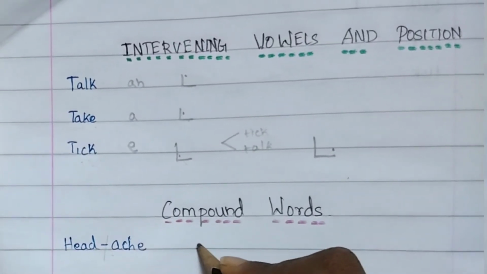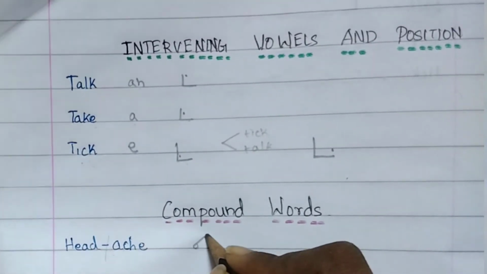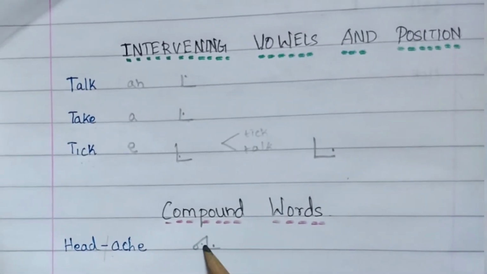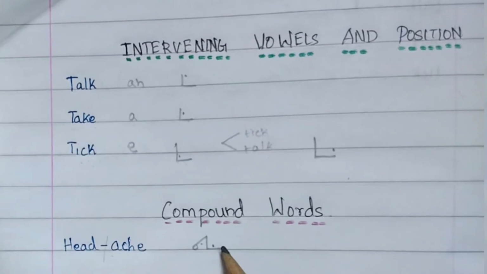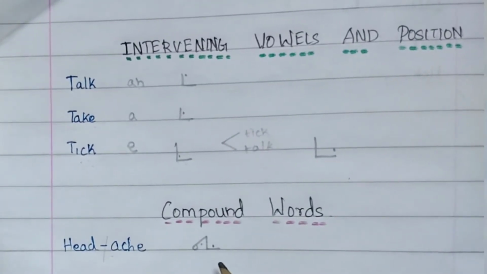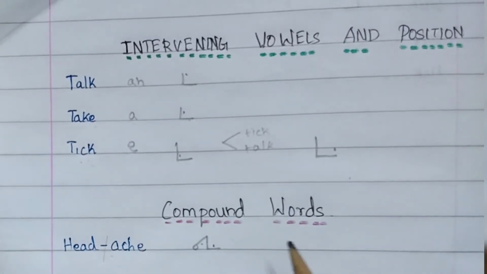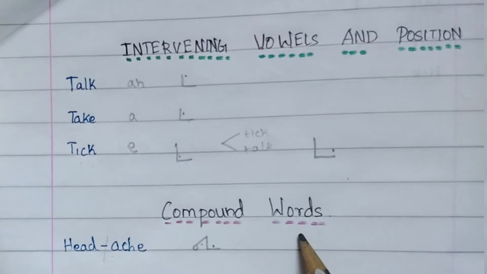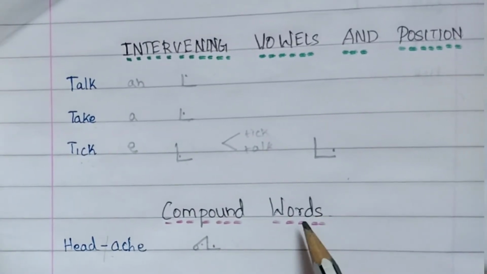Let's see how to write this word. If you write this vowel after D by following the rules of intervening vowels, then it will become a wrong one because the rules of intervening vowels are not applicable for compound words.